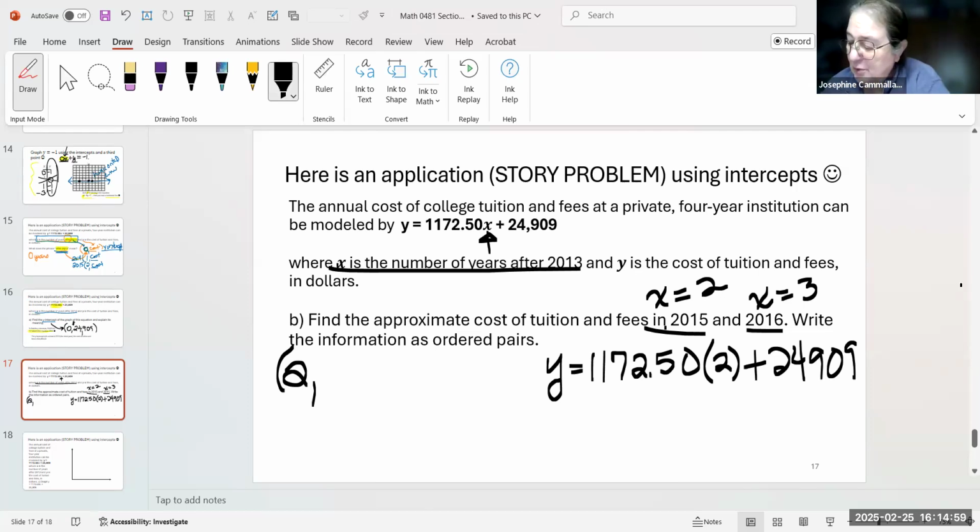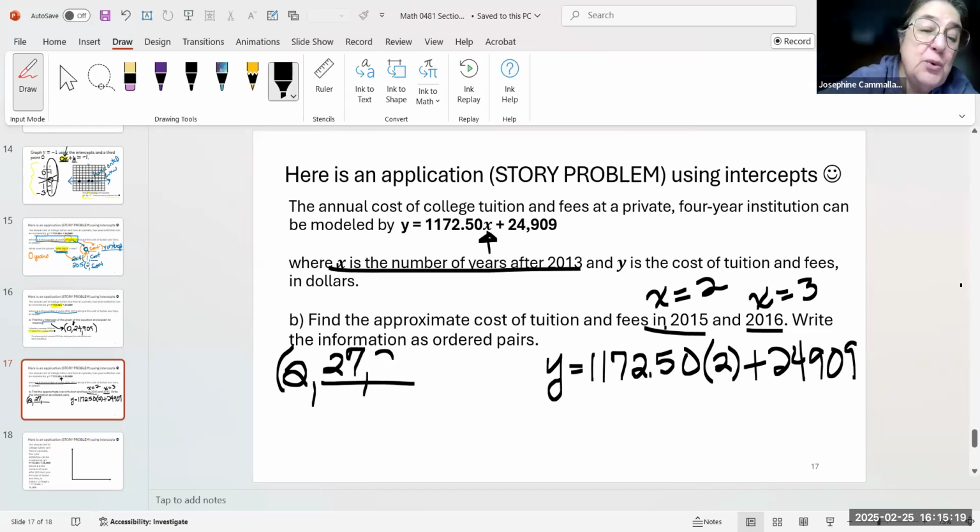So I have 1172.50 times 2, which is $2,345 plus 24,909. My Y value is $27,254. This 2 represents 2015. We don't write 2015.